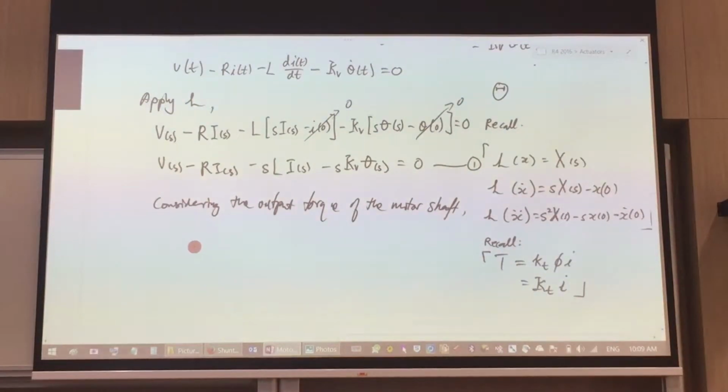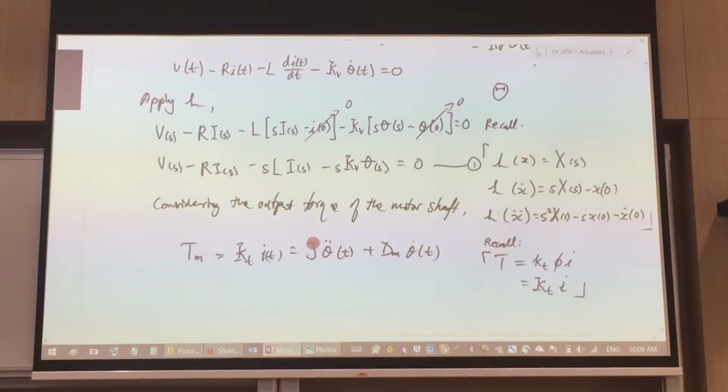So I had solved this before. This one came to the torque of the motor, right? T_m equals K_T i(t), with i time variable. So this one is equal to J theta double dot(t) plus D_m theta dot(t).